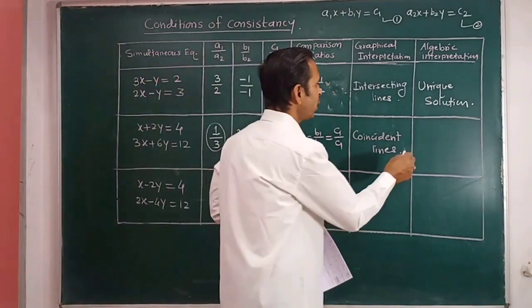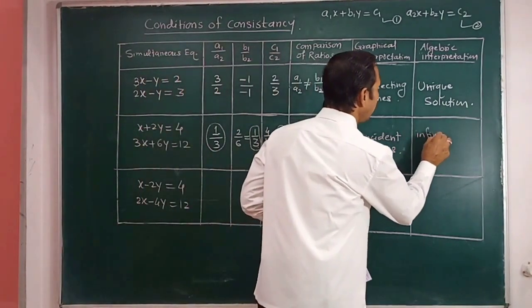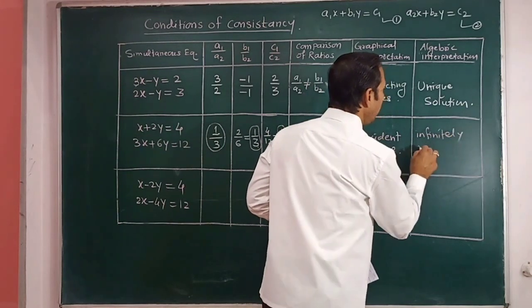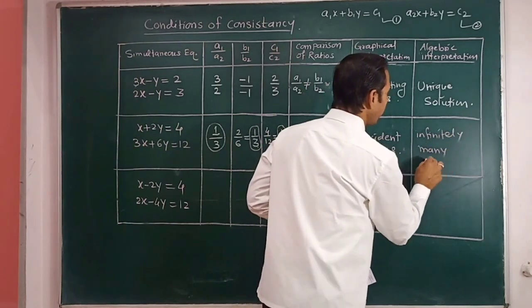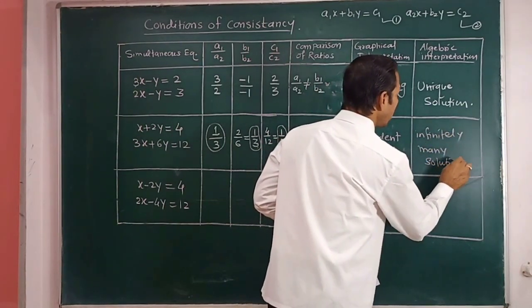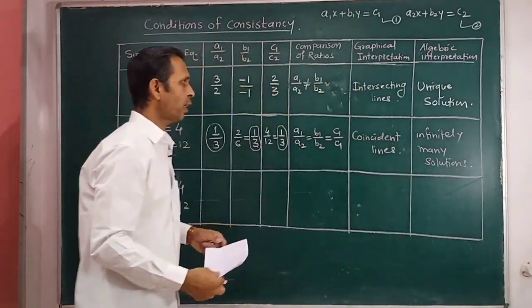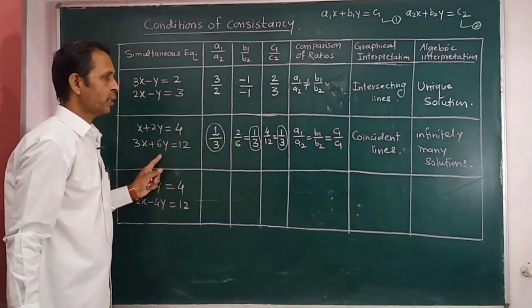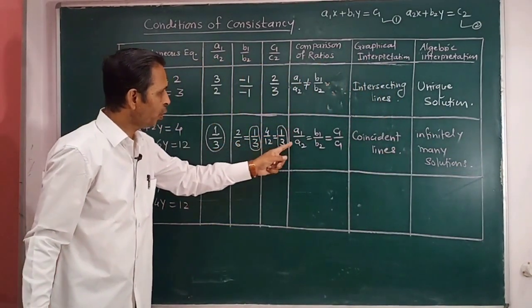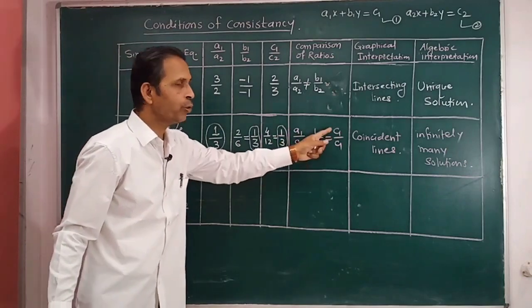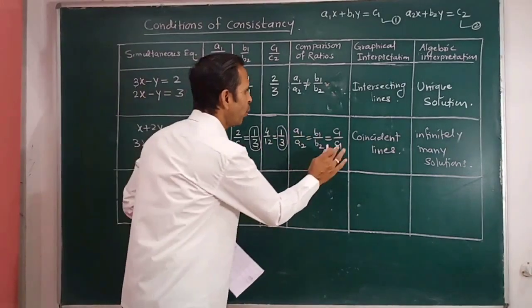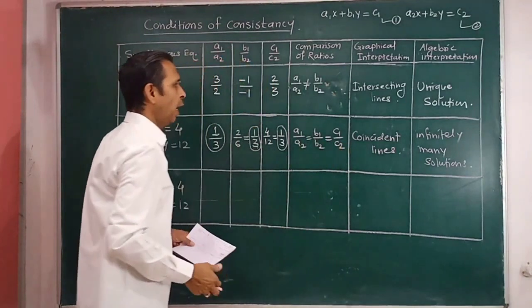The algebraic interpretation is infinitely many solutions. Such equations have many solutions. Why? Because A1 upon A2 is equal to B1 upon B2 is equal to C1 upon C2.